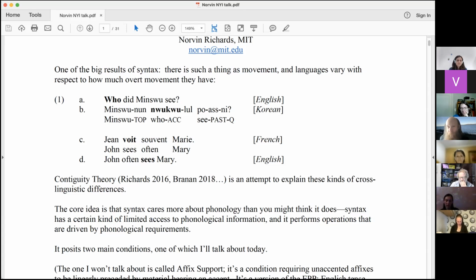So the first one was about whether the literature, which, as you say, is a classic literature that says the difference between English and French has to do with richness of phi agreement morphology on the verbs, and that if you have richer phi agreement morphology on the verbs, then you tend to raise the verbs, and otherwise you don't.